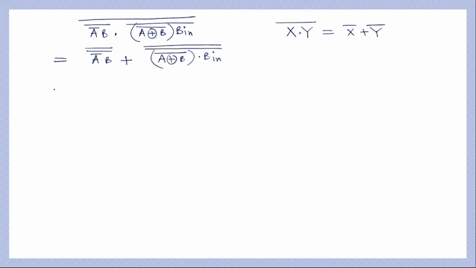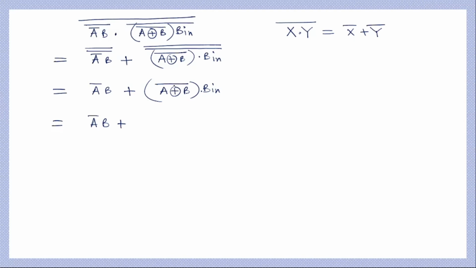So in both the terms these two complements will cancel each other. So finally, in the first term we will have A complement B, and in the second term we will have A XOR B, and then this complement and with that BIN. If we simplify further, it will be A complement B plus (A XOR B) complement.